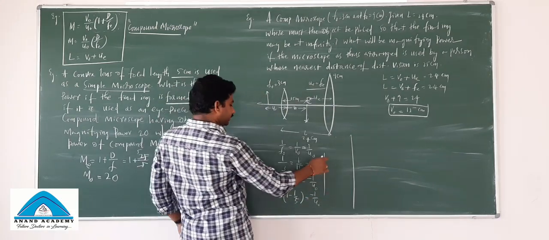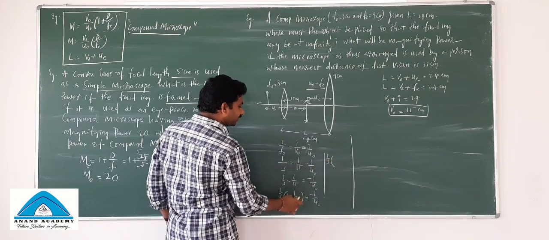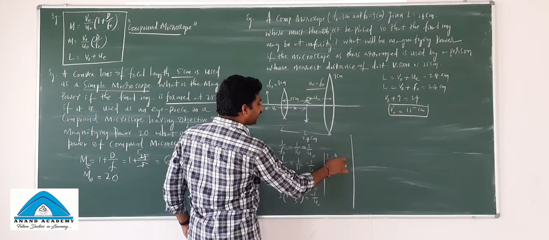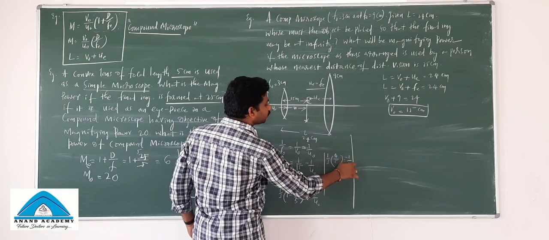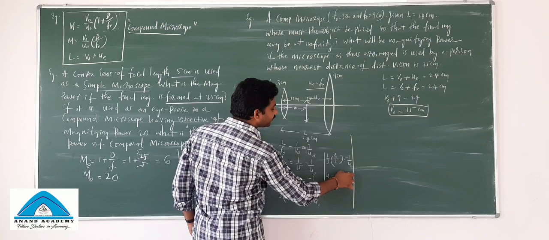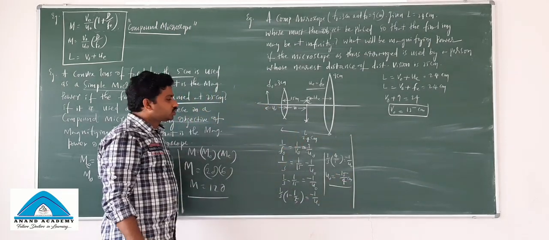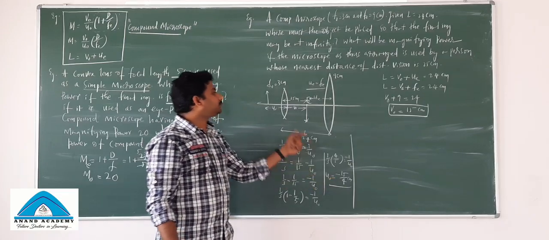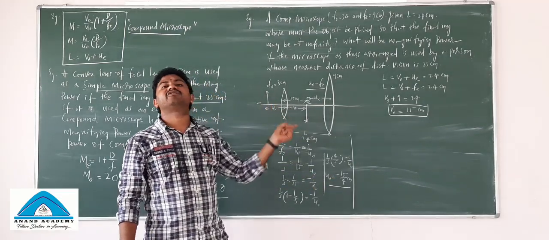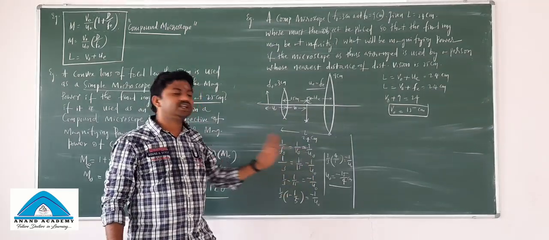So 1 by 3 into 5 minus 1 over 5, it's 4 by 5, which is equal to minus 1 by U naught. So U naught is equal to minus 15 by 4 centimeters. At this place the object is kept, and the final image will be formed at infinity.